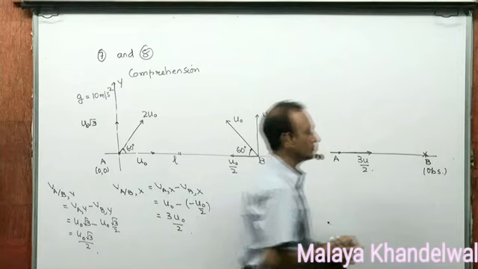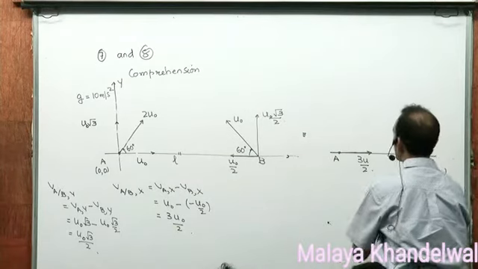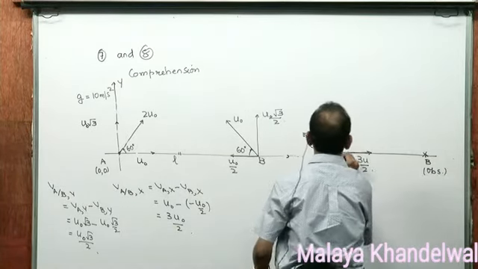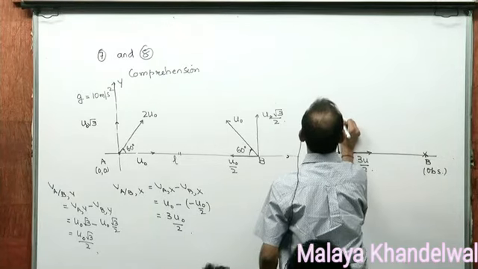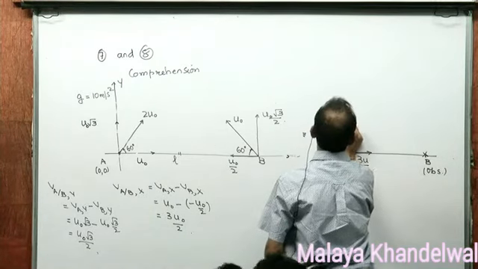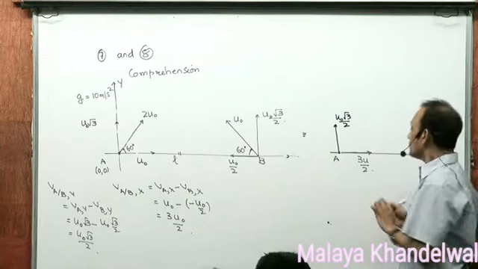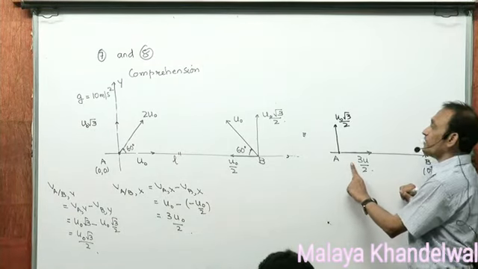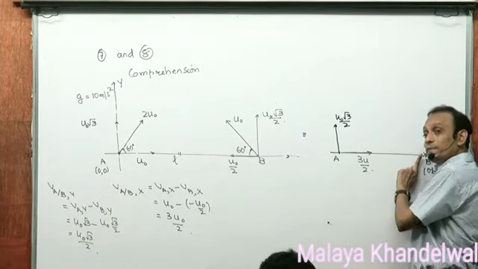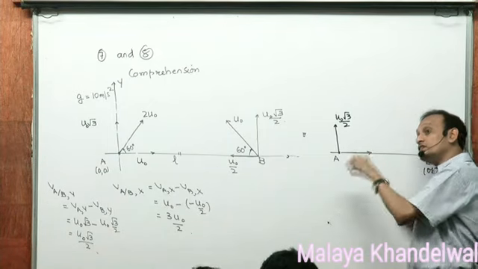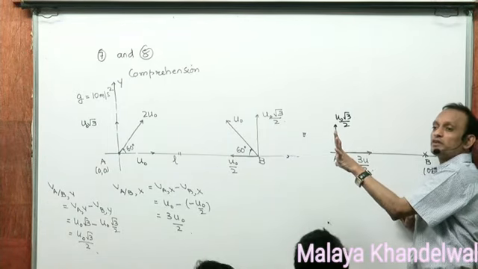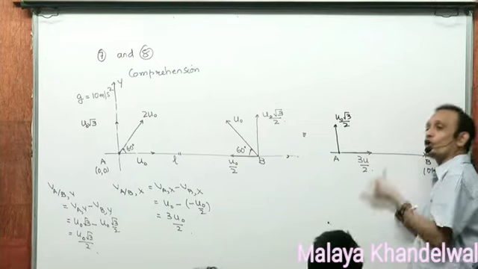Yes or no? So velocity of A as seen by B in the y direction is u naught root 3 by 2. That means these are the velocity components of A as reported by B initially, and these will continue to be the velocity components of A as seen by B at all times.